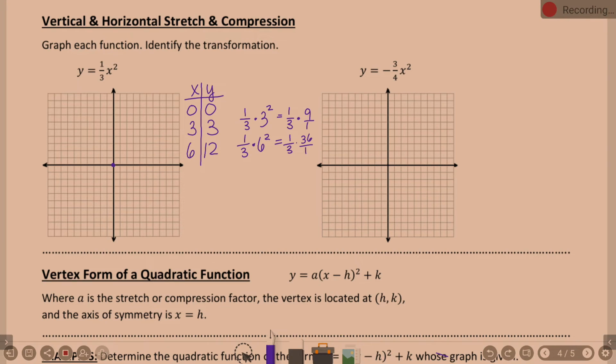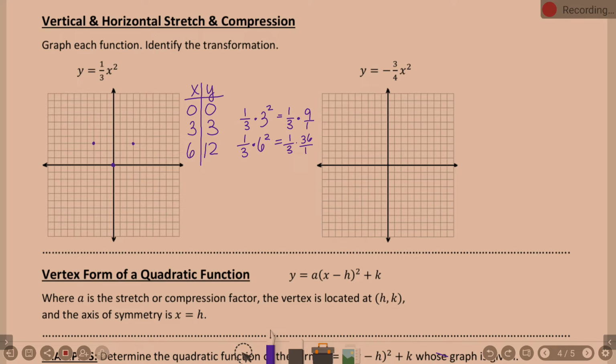So we already have 0, 0 here. Our next set of points, 3, 3. So that means I'm going to go over 3, up 3. If I do that on the right, I also do that on the left. My next set of points, 6, 12. So I'm going to go over 6, and I'm going to go up 12.